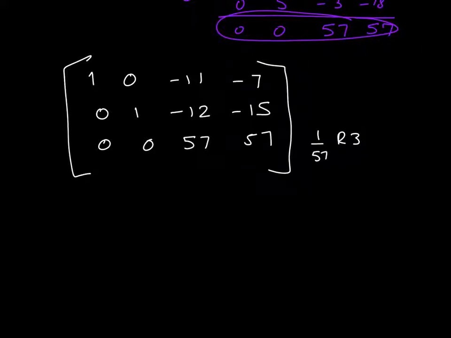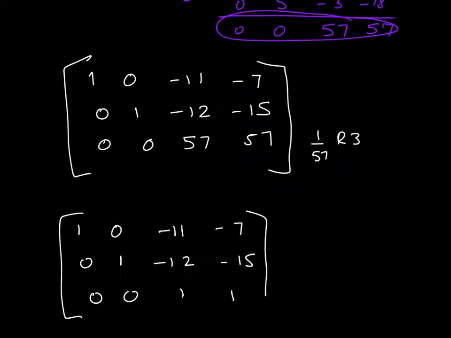So now I have 1, 0, negative 11, negative 7, 0, 1, negative 12, negative 15, and finally 0, 0, 1, and 1. And at this point, this gives me this column of 1s right here, and I'm going to switch it back into our equation so we can get some answers.